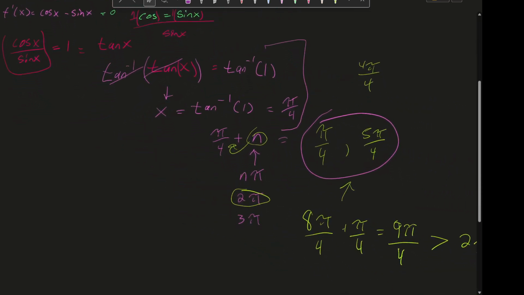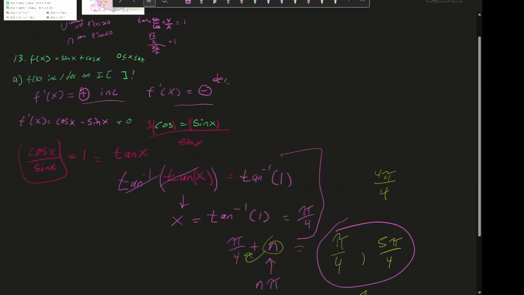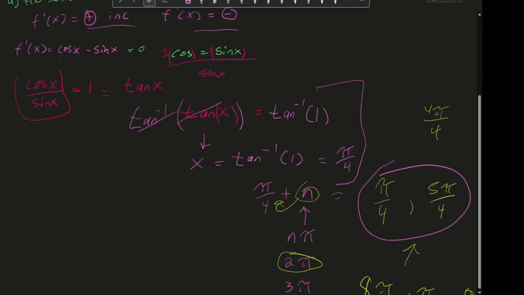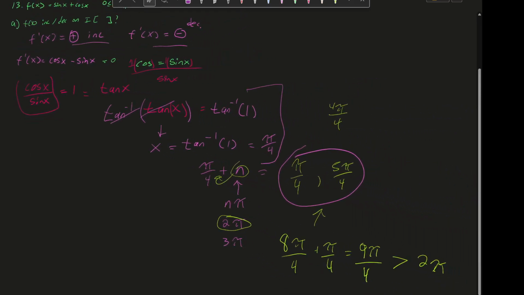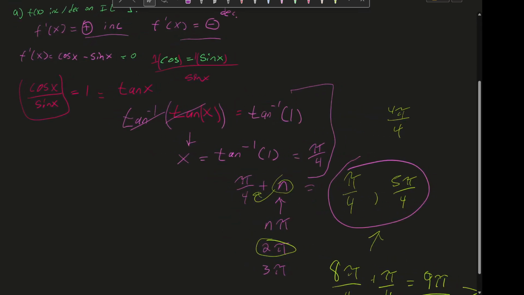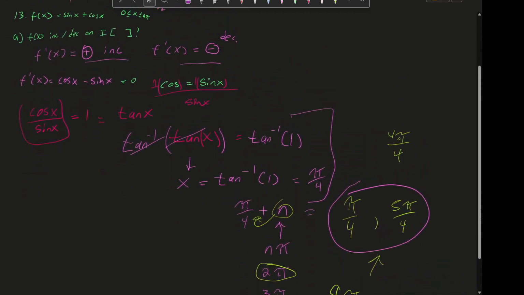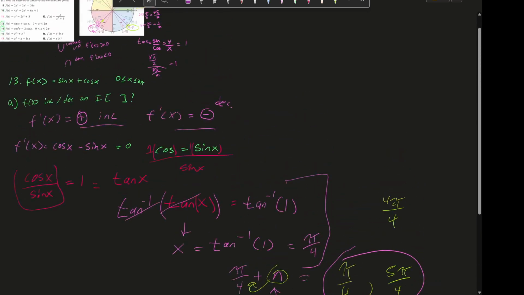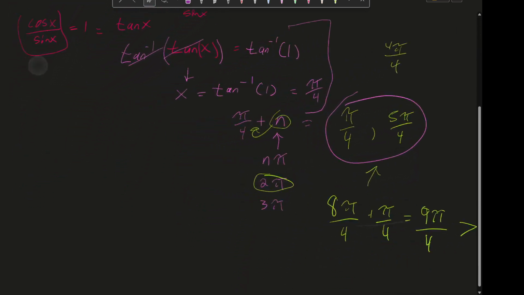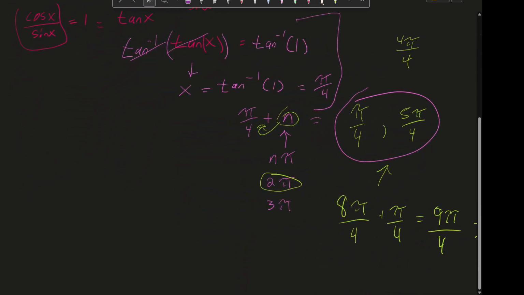So working with that, those points that solve this when it's equal to 0 are going to be points where your function is changing from increasing to decreasing. That's what you solve for. So pi over 4 and 5 pi over 4 are your points of interest here.